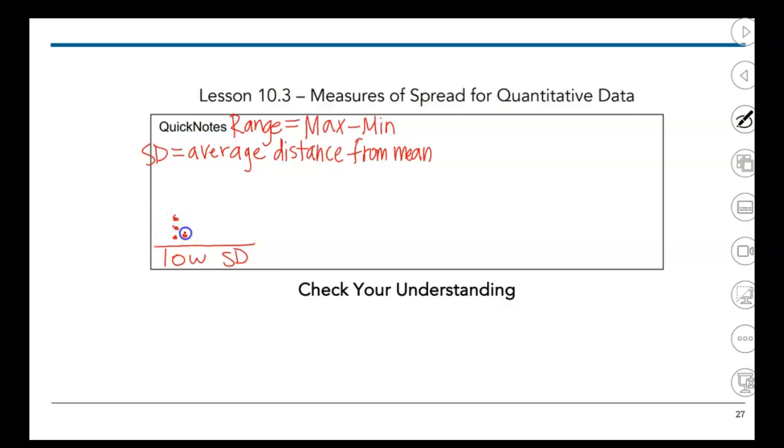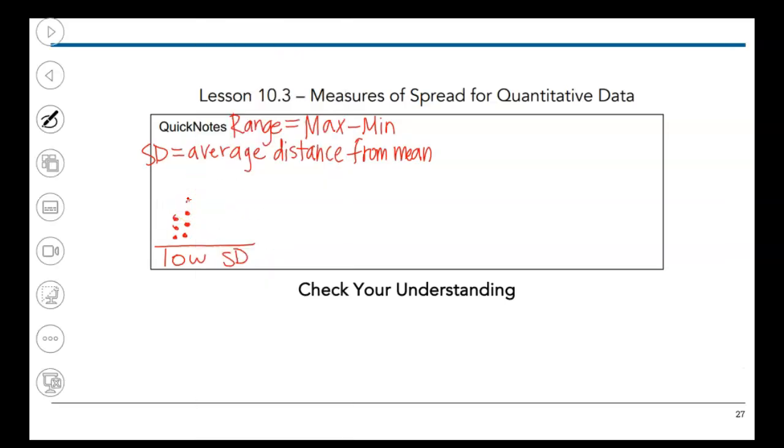You have to know that about your data and how it looks and what it means. So just draw a sketch of a dot plot where there's data that's very close together. There's not much far apart. You might have one off to the side, but most of it is close together. That is what a low standard deviation looks like.